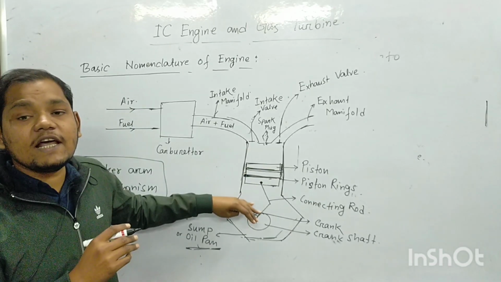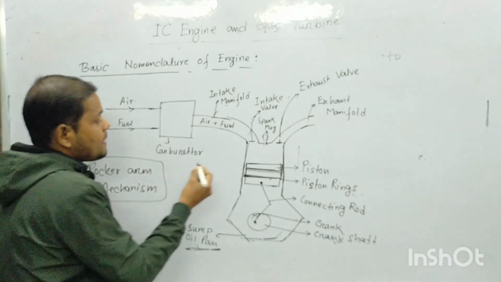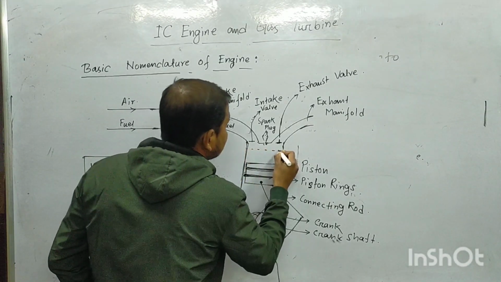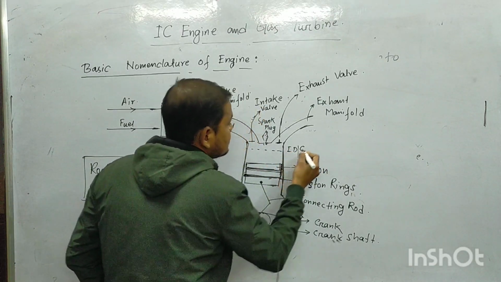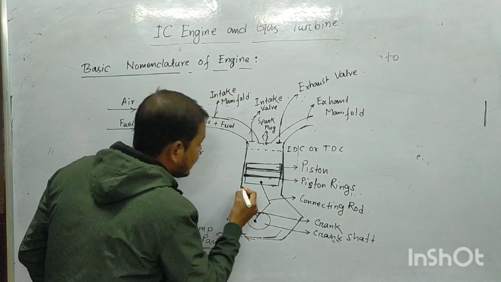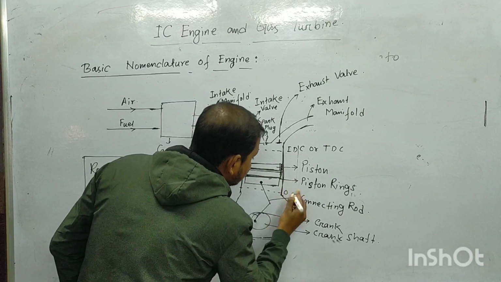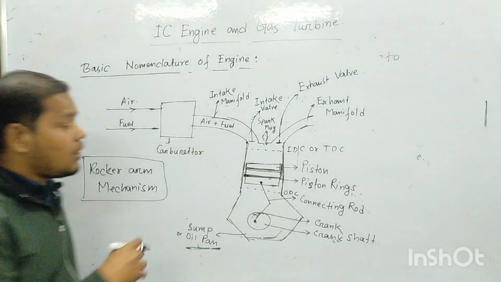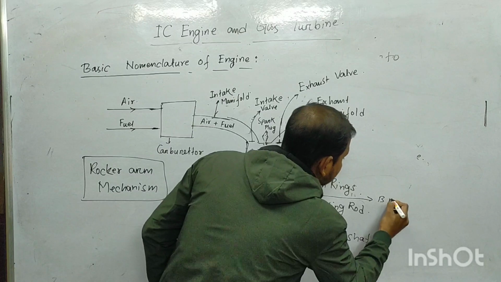There are two restricted areas inside the engine cylinder. One is called IDC or inner dead center, or it is called TDC, top dead center, and another one is the ODC or outer dead center, or it is also called bottom dead center.